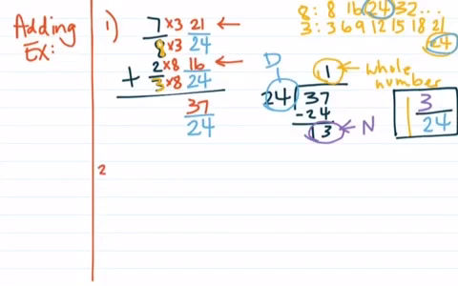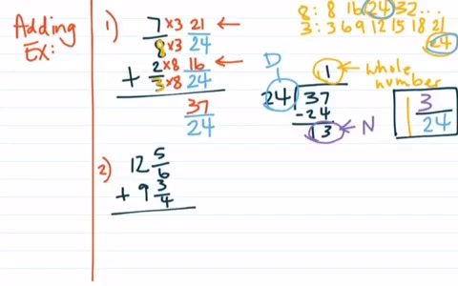So example number 2 is 12 and 5/6 plus 9 and 3/4. Common denominators. I'm just going to go ahead and do this in my head. I know that 6 and 4 both go into 12, because 6 times 2 is 12 and 5 times 2 is 10.